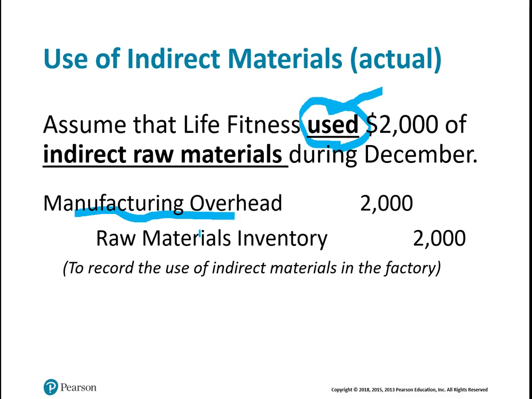That's when we credit it. So it's still raw material, so we'll still take it out of the raw material account, but because it's indirect raw material, and that might be something like nails or glue or something that's not easily traced to the product, we're going to account for that by putting it into the manufacturing overhead account.